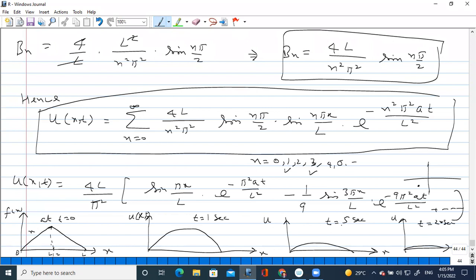So this much skill you should have, that if there are two types of functions, what effect it will give, but the shape will be that only. With this e to the power exponential decaying, it will reduce the amplitude every time. So after 20 seconds, it will be like this. After 5 seconds, it will be like this.